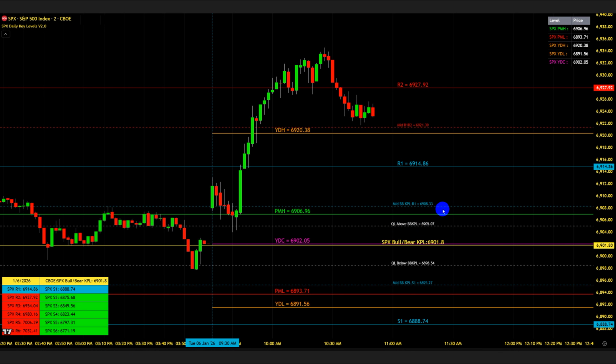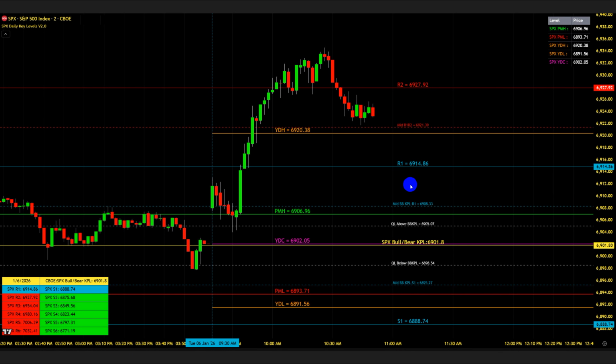On the default startup display, you will see the mid BBKPL R1, which is the first midpoint above the Bull Bear KPL. On a bearish trade taken from the Bull Bear KPL, this would be your standard stop loss. Conversely, on a bullish trade taken from the Bull Bear KPL, the first midpoint below, the mid BBKPL S1, would be your standard stop loss on that trade.